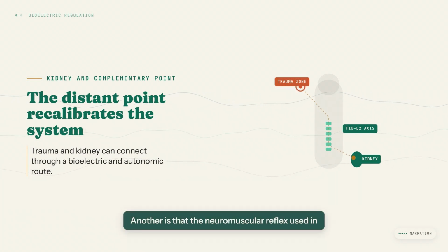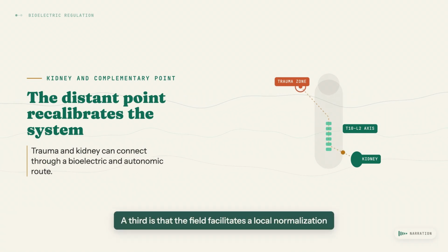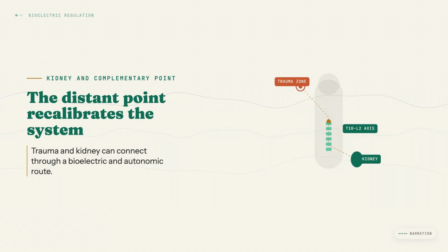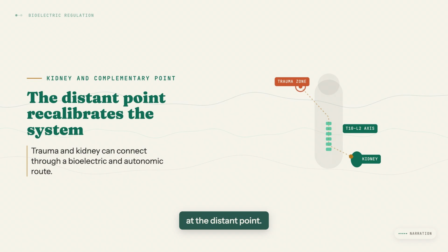Another is that the neuromuscular reflex used in scanning expresses an integrated response of nervous, fascial, and bioelectric networks. A third is that the field facilitates a local normalization at the trauma and a different regulatory response at the distant point.